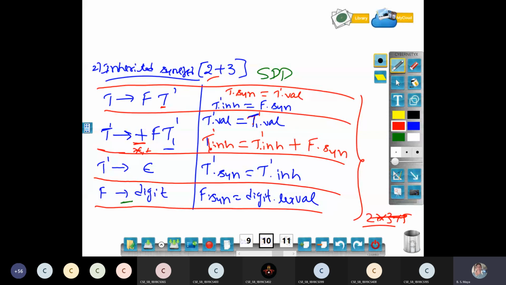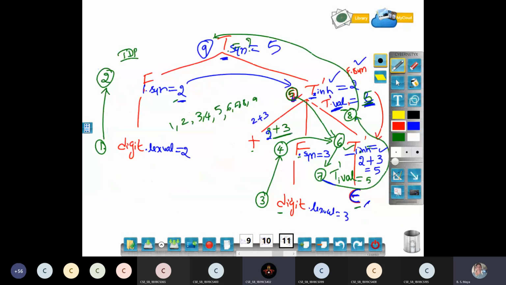Now, this diagram contains both inherited and synthesized attributes, right? Yes or no? This problem contains both synthesized and inherited, yes or no? Yes, ma'am. If it contains both inherited and synthesized, it is called L attributed definition.